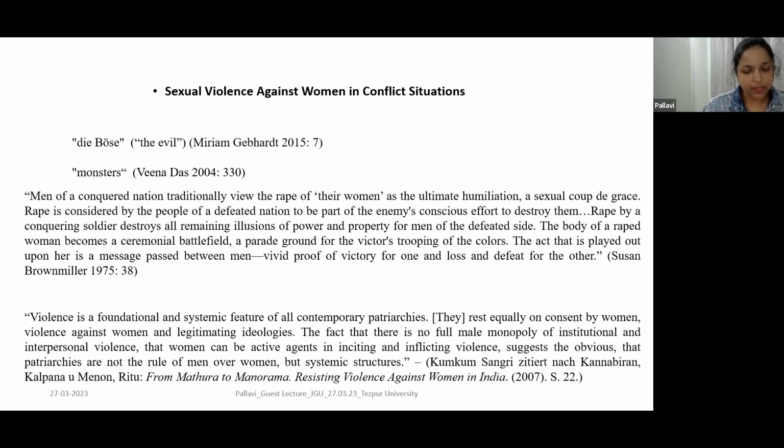Susan Brownmiller, in her famous text Against Our Will: Men, Women and Rape, 1975, says, and I quote: Rape was a weapon of terror as the German Hun marched through Belgium in World War I. Rape was a weapon of revenge as the Russian army marched to Berlin in World War II. And rape flourishes in warfare irrespective of nationality or geographic location.